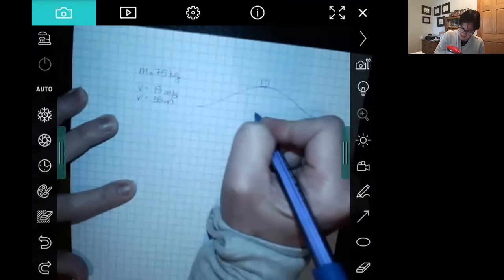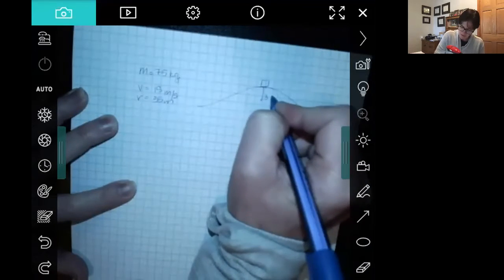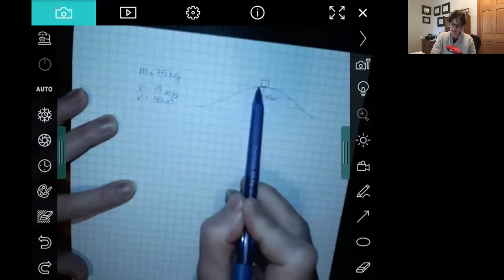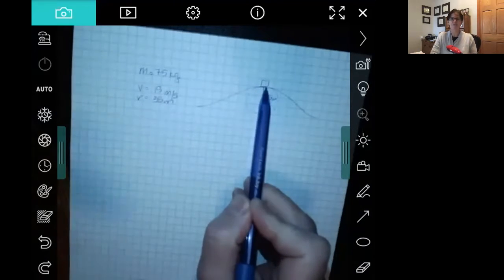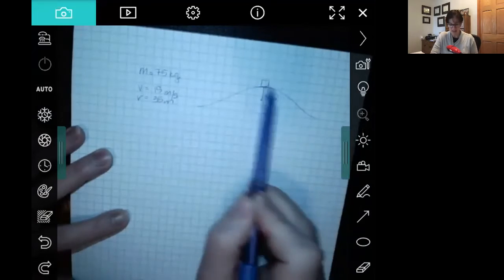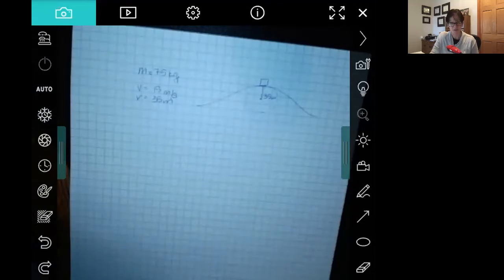And this is what we mean by the radius of 35 meters. So as we approach the apex of this hill, it's as if we're in a circle going that speed, but that circle has a radius of 35 meters. Okay, so that's the picture to visualize.